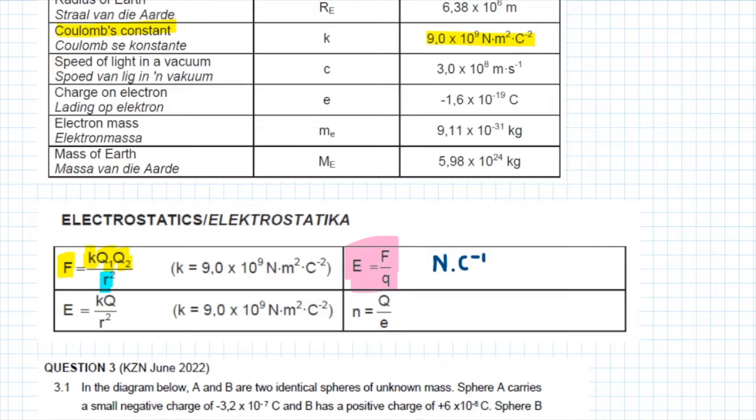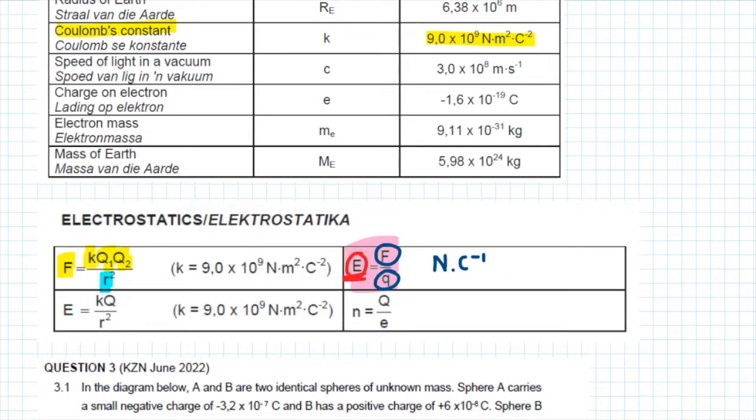And in this case, if we are trying to find the electric field as a result of charge 1, then the force is the force that will be experienced by a test charge, that is experiencing the electric field of charge 1. This charge at the bottom is the charge on the test charge, rather than the charge that is creating the electric field.